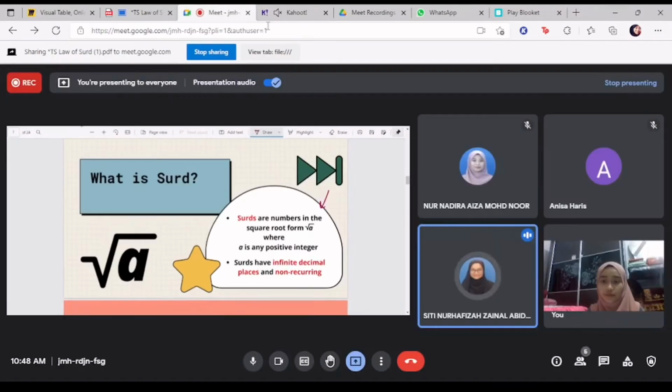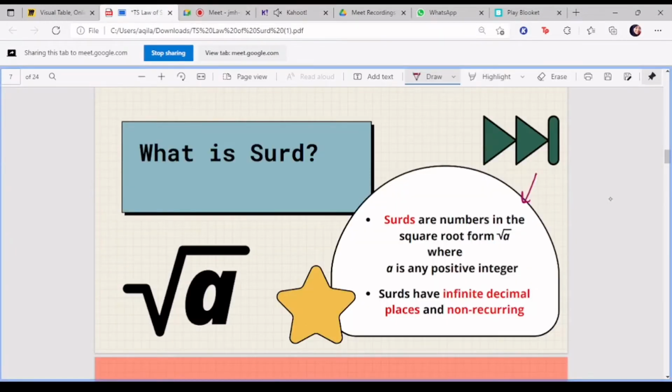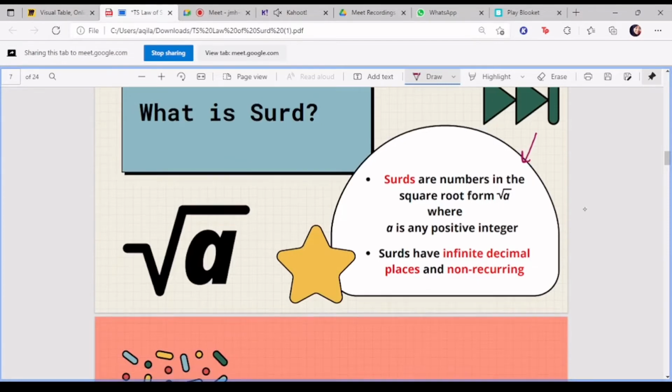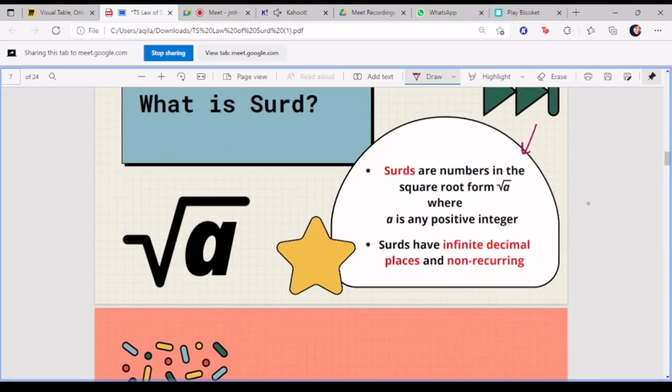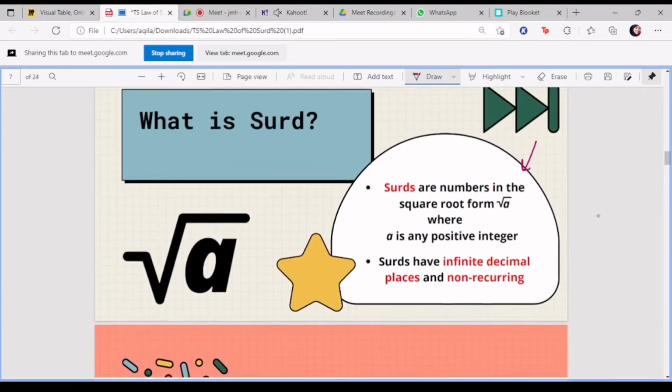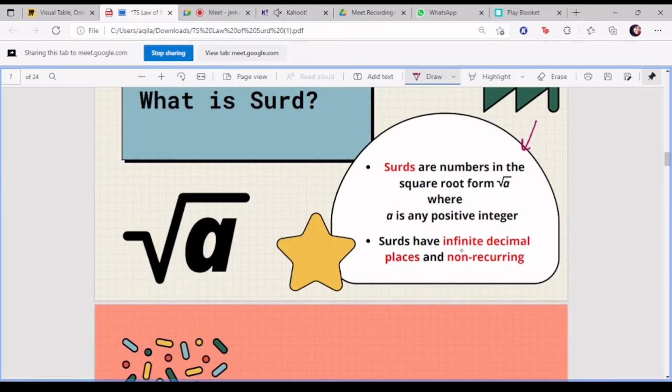Surds are numbers in the square root form. Square root of A, where A is any positive integer. Surds have infinite decimal places and no recurring. Okay, very good. Surds are numbers in square root form, and surds have infinite decimal places and non-recurring.